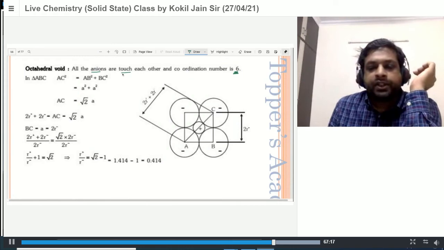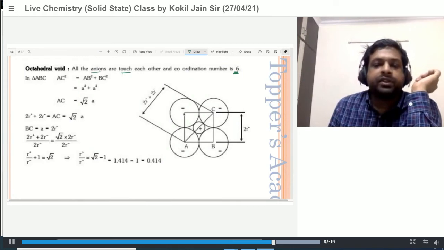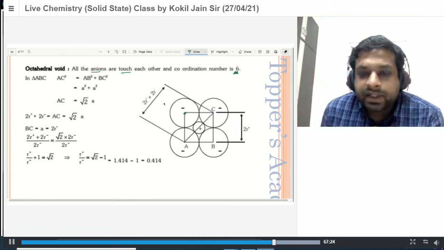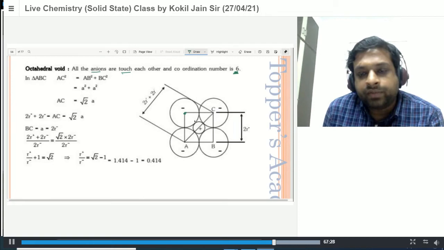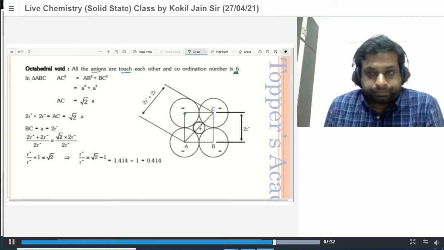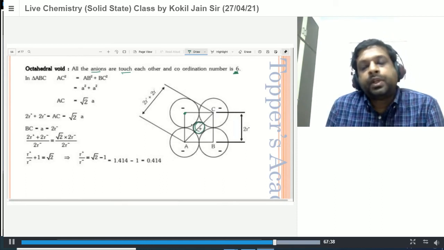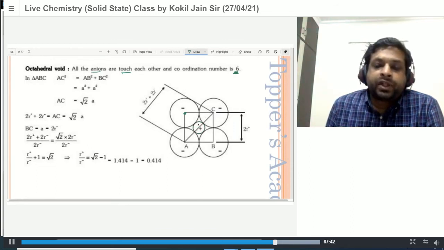Now let's try to establish the relationship between R plus and R minus. Anions are occupying the octahedral positions, and at the void we see a cation present at the center.